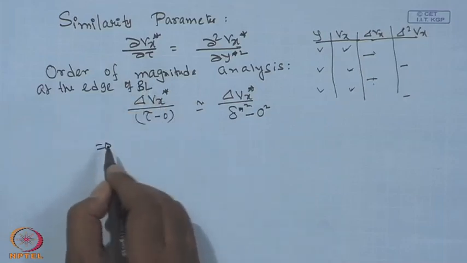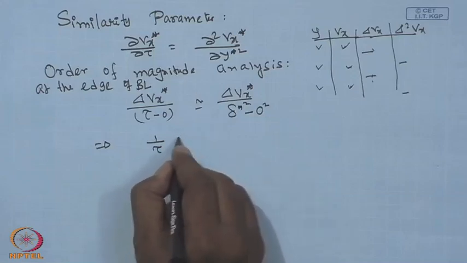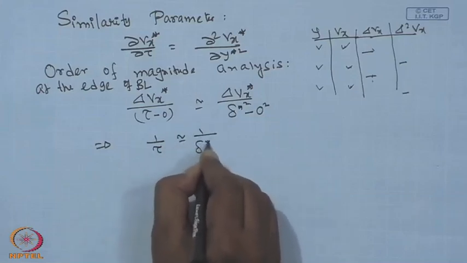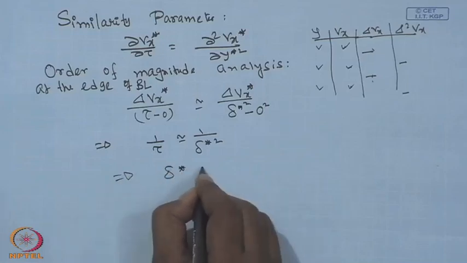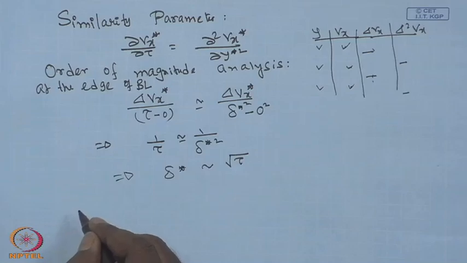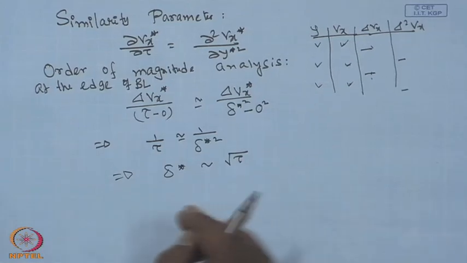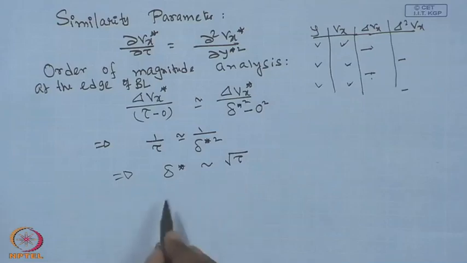So, we get 1 over tau is equal to 1 over delta star square, and delta star is nothing but root tau. If you remember, in the last class we talked about how, if we write the similarity parameter in terms of delta star divided by the independent variable, then all the curves collapse onto a single curve.